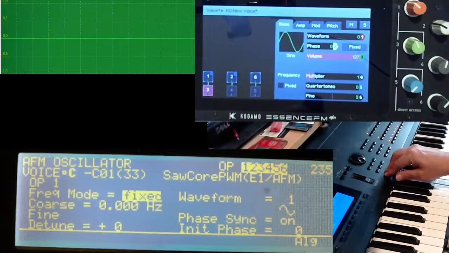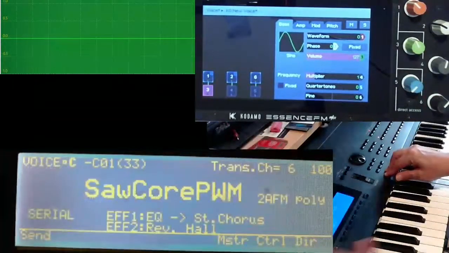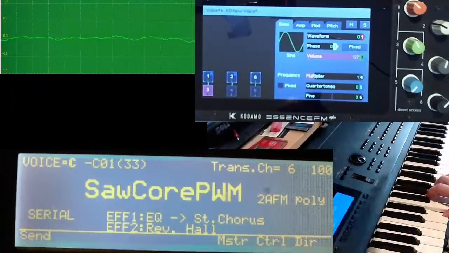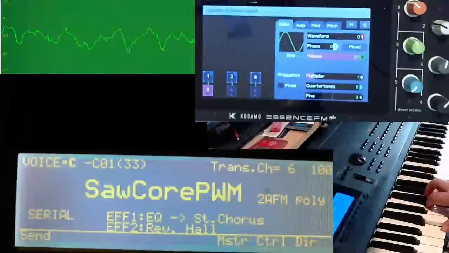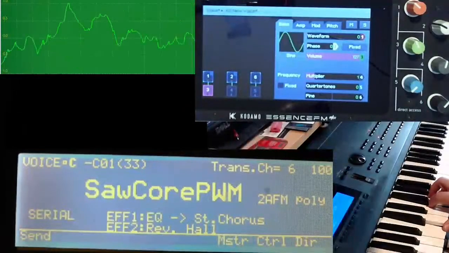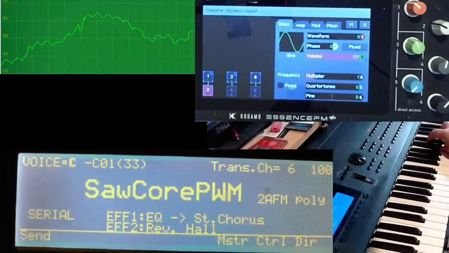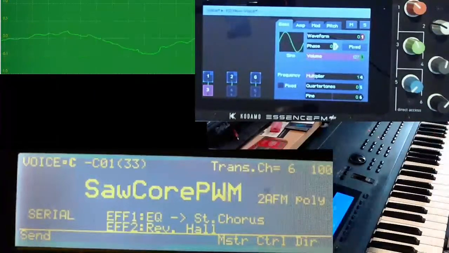Anyway, I guess where I'm going to go is sort of deconstruct this patch to show how we do stuff to create virtual analog.